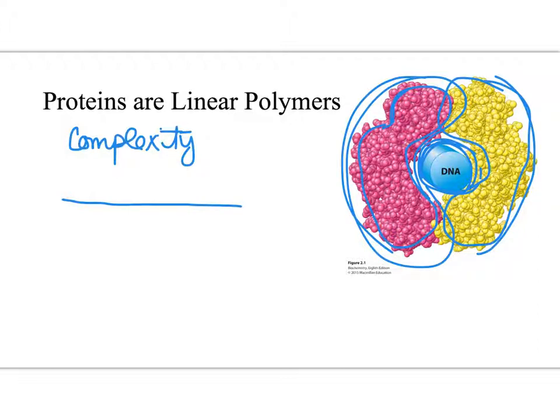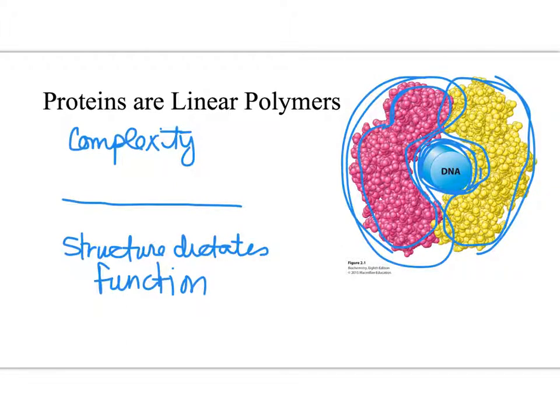Now, the structure of the protein is going to be important, and we know this because we've heard that structure ultimately dictates function. So structure dictates function, and the protein's primary structure will be based on the sequence of the linked amino acids that are present. Then you go on to the secondary structure, which is really the three-dimensional structure that's formed through intermolecular forces.